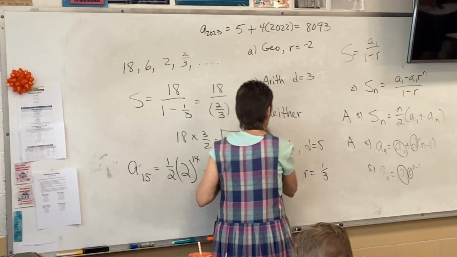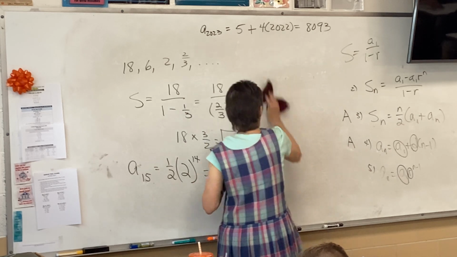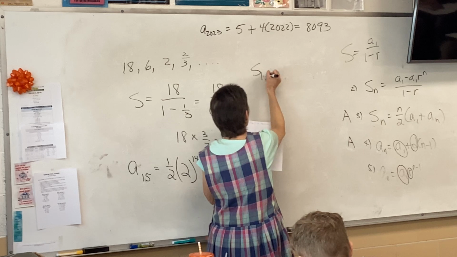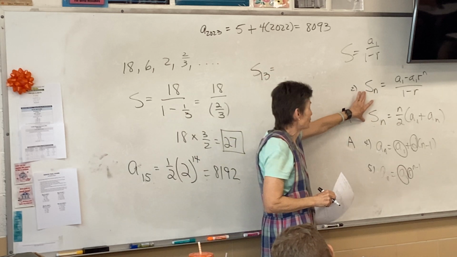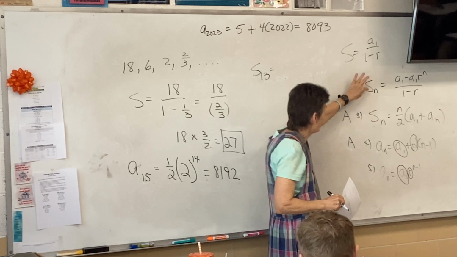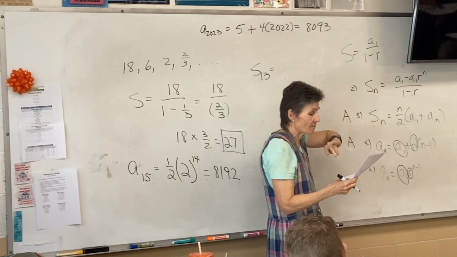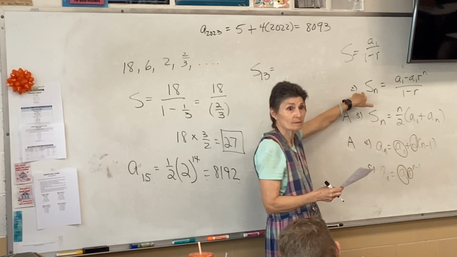Two more and then this should be completed. Find S sub 13. I need to decide which one of these two I'm using. What kind of sequence do I have in letter G? Geometric, so I'm using this one.